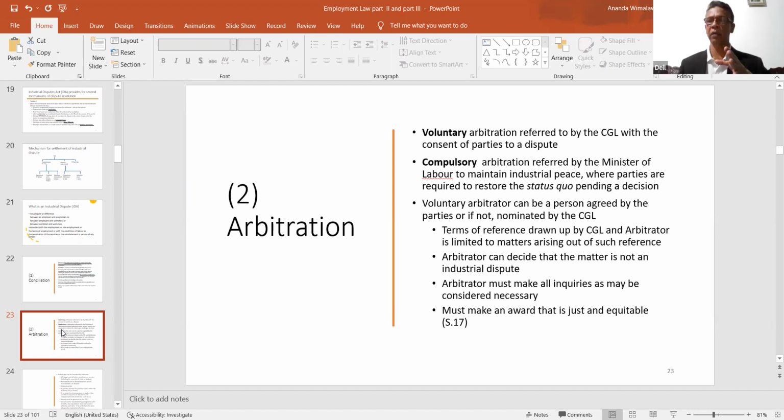Can somebody repeat the sentence? If parties do not consent to refer industrial dispute to an arbitrator, then the matter will be referred to the Minister of Labour.